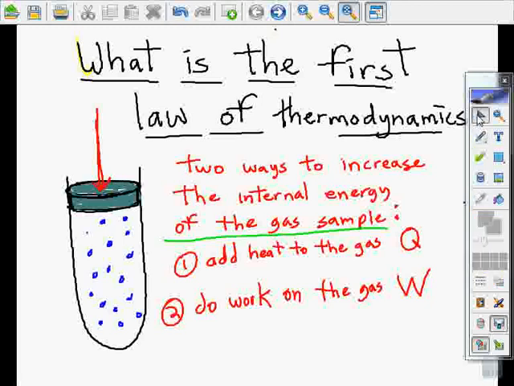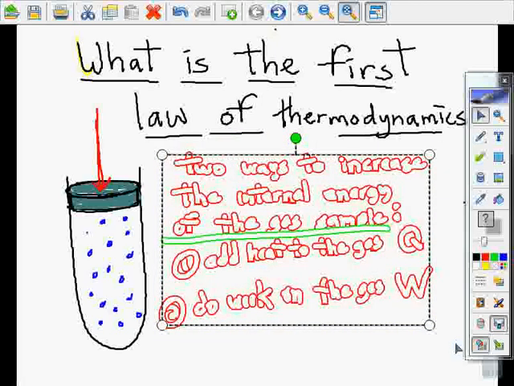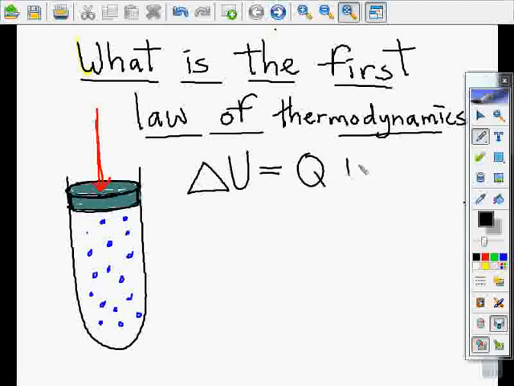Now, basically, folks, we could say all of this with one mathematical formula, which is known as the first law of thermodynamics. And basically, that formula says if you want to increase the internal energy, the change in the internal energy, or the amount that it increases, is equal to however much heat you add to the gas plus however much work you do to the gas.